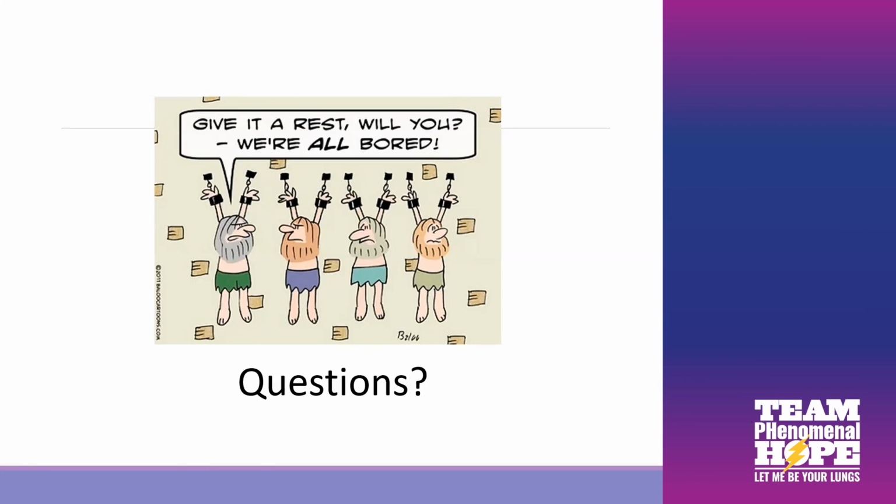And then there's another question. Is it recommended for people diagnosed with PH to have VQ scans every few years to be sure that PEs are not developing or redeveloping? And yes, we do.